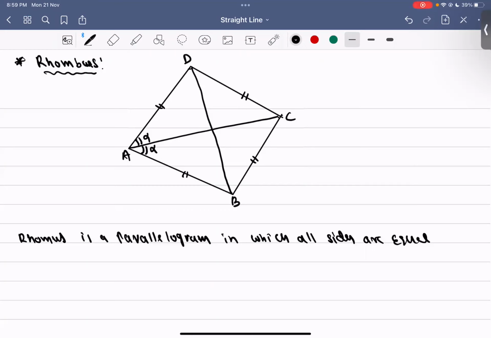Next, diagonals are perpendicular to each other, so this angle is 90 degrees.